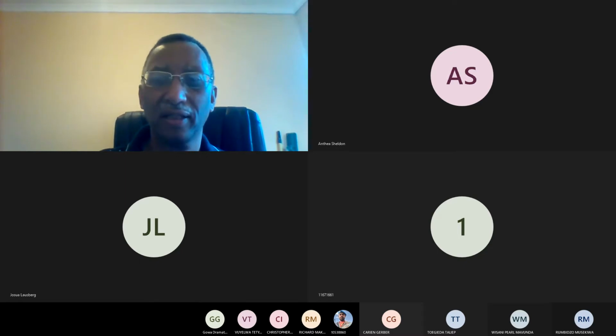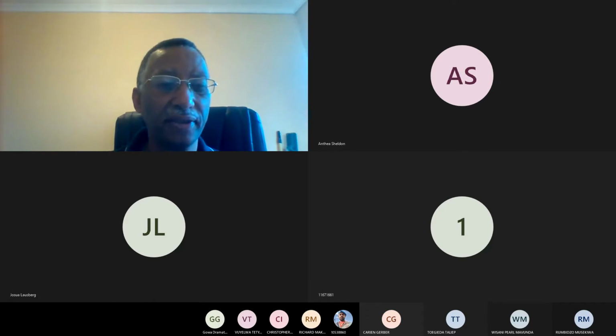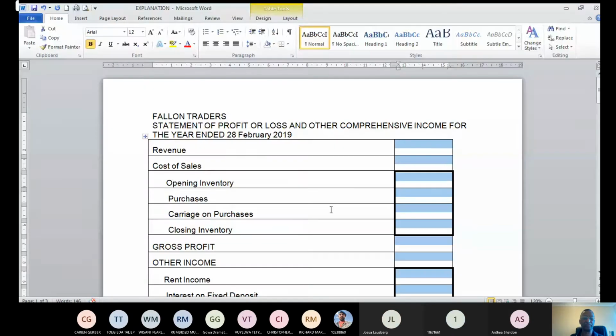So let us take a look at the completion of the statement of profit and loss and other comprehensive income up until the calculation of your gross profit. Our revenue amount, remember, is the sales amount, 444,000, minus your 4,600 Rand.